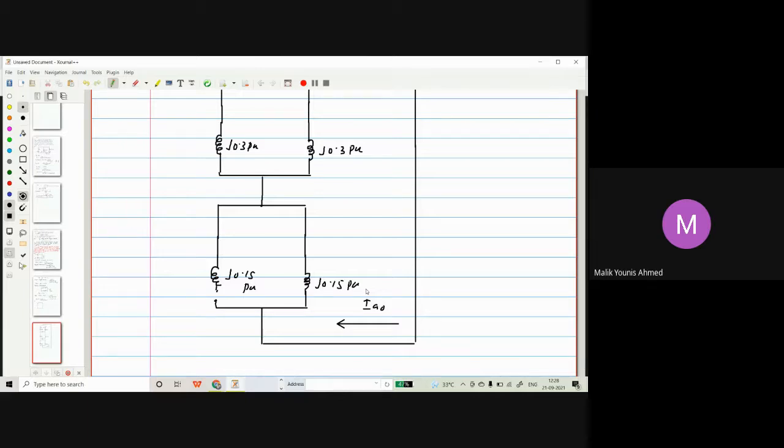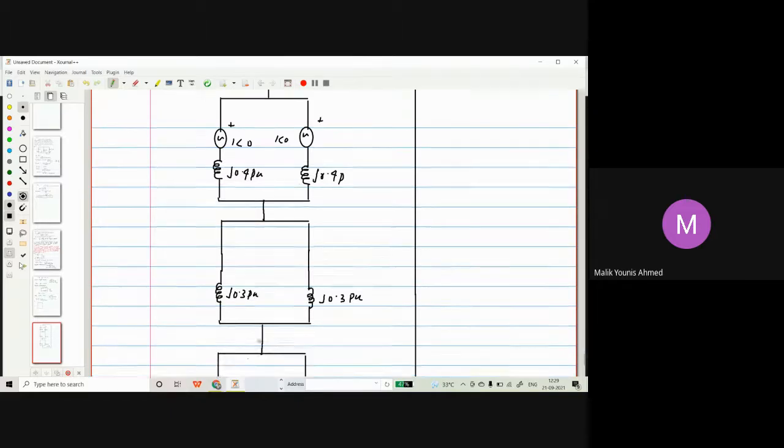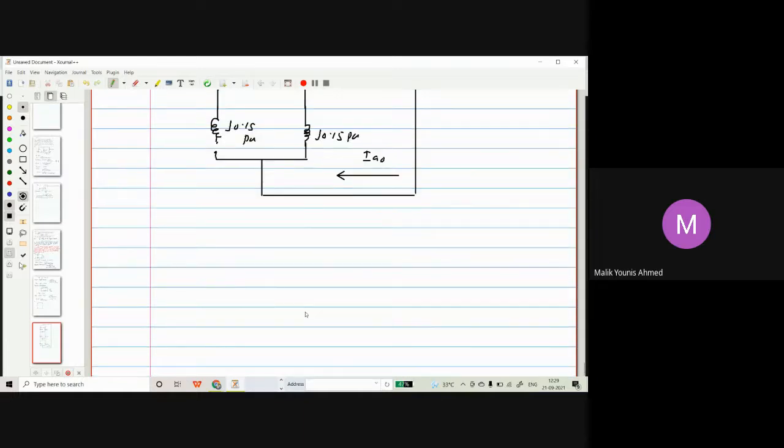If you know this, you can simply calculate it, and this will be open. So these two in parallel will be 0.2, with voltage 1 at an angle of 0. Voltage will remain 1. So this will be 0.15, and then finally you can find IA naught. So I will make the equivalent of this circuit also.